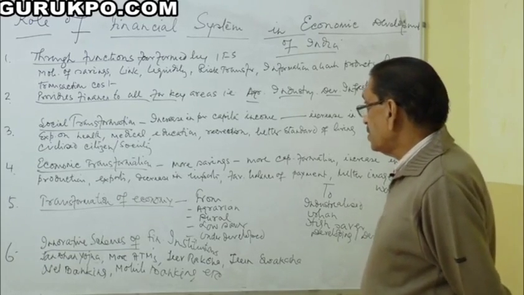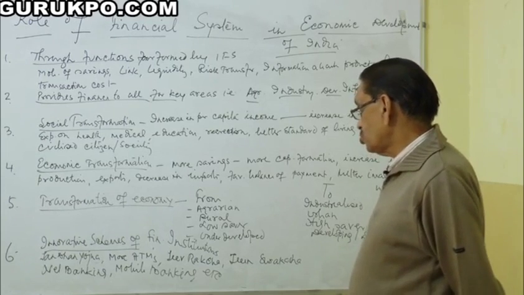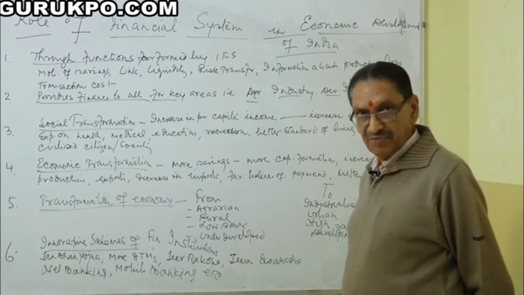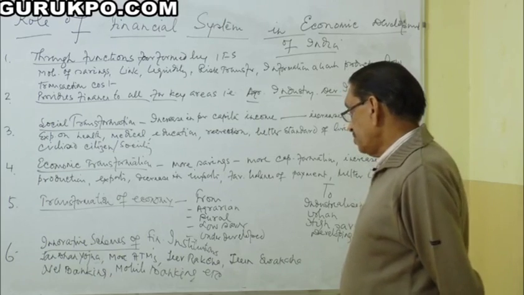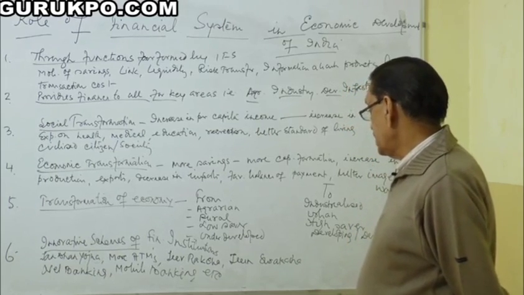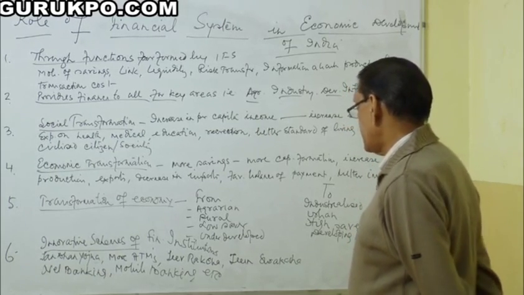Third, the financial system ensures social transformation of the entire society, because the financial system helps in increasing per capita income.